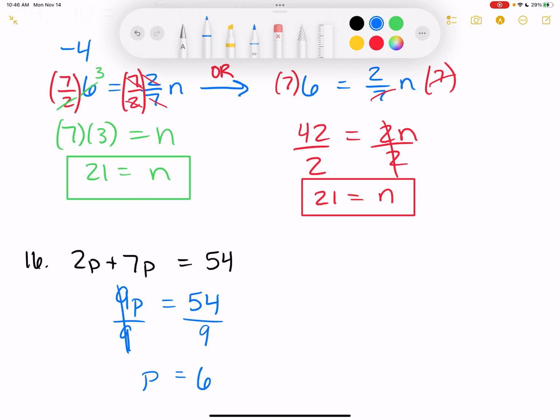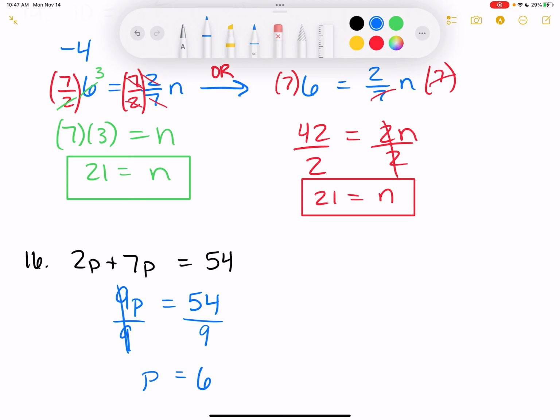So 9 times 1 is 9. Put down the second one. 9 times 2 is 18. 9 times 3 is 27. 9 times 4 is 36. 9 times 5 is 45. 9 times 6 is 54. 9 times 7. Oh, that finger's hard to put down.